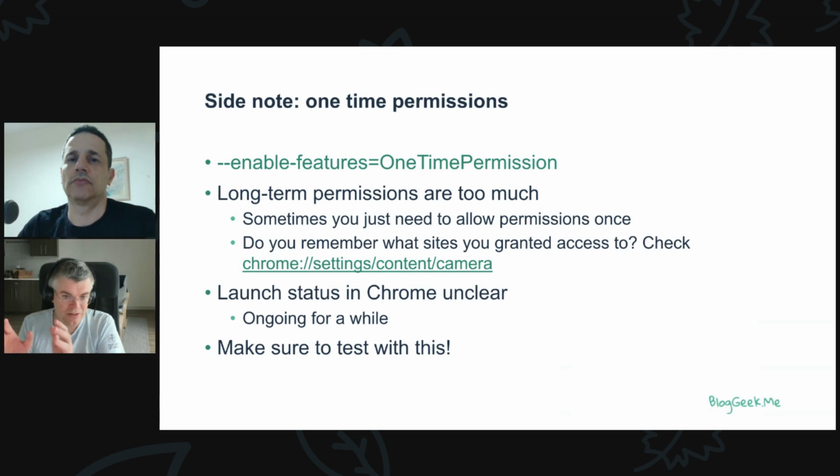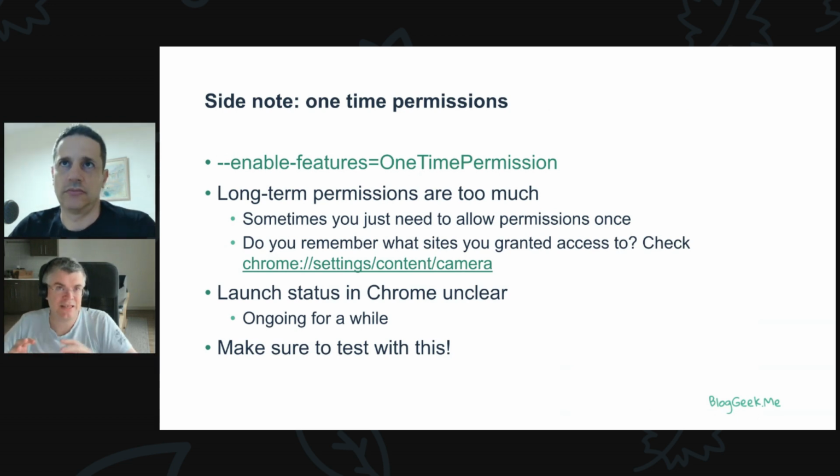And as a side note, one-time permissions. The problem we currently have is if you allow once, you allow it until the end of the world, which is not good because you will forget that you allowed this site camera permissions 5 years ago. So you can clean that up, but who does that?